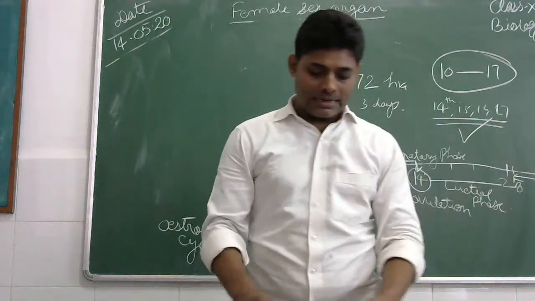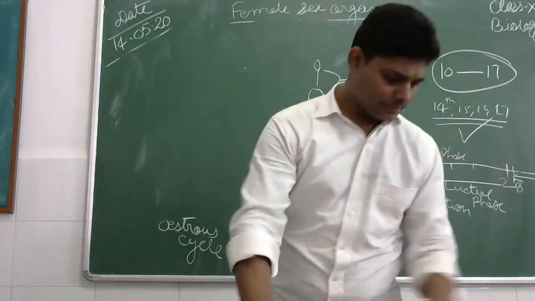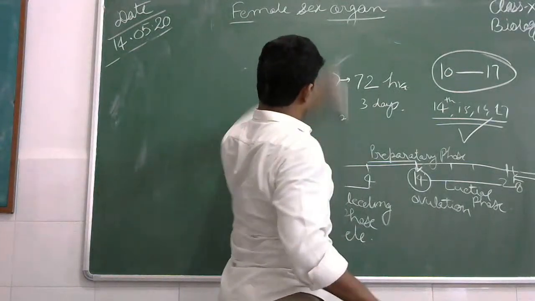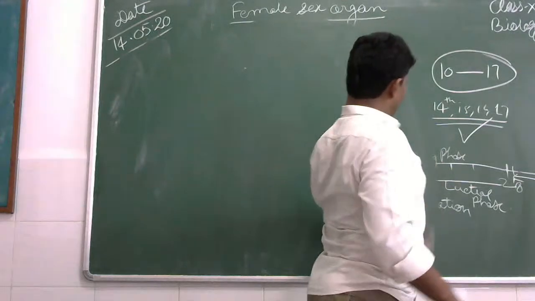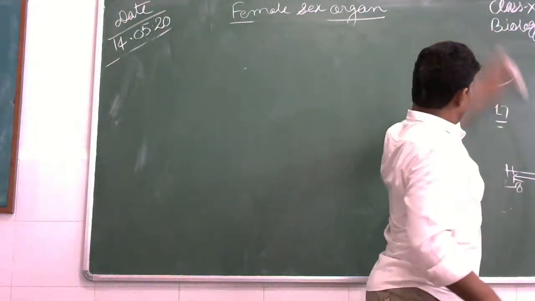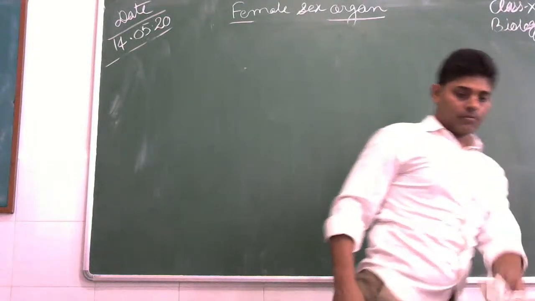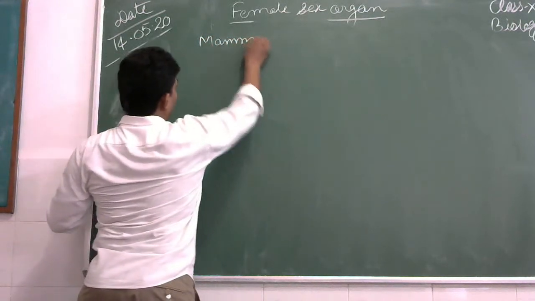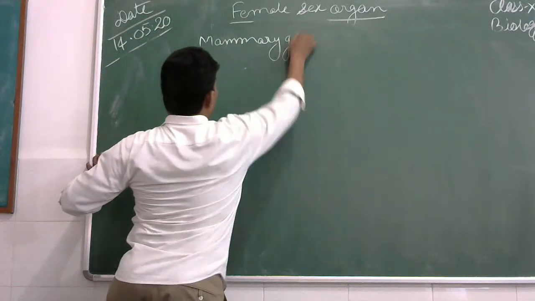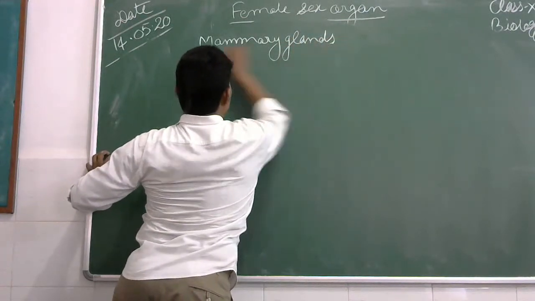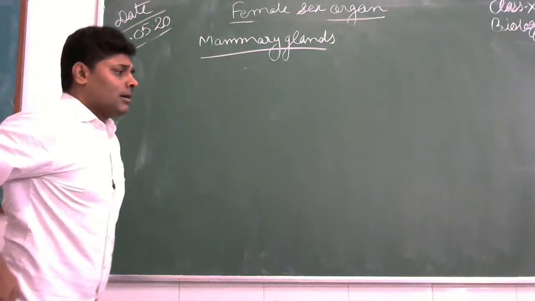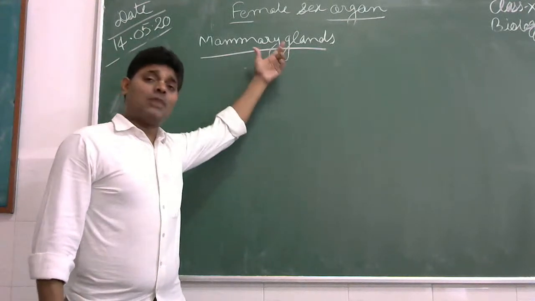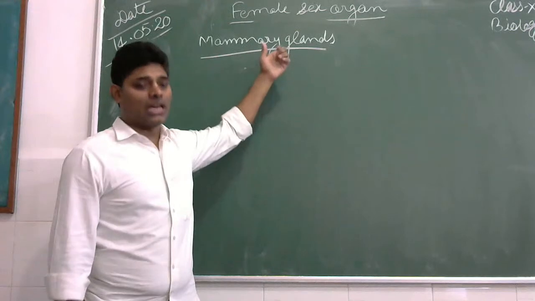Some points regarding the mammary glands. It is a fundamental characteristic of mammals. They have mammary glands that secrete milk for their young ones.